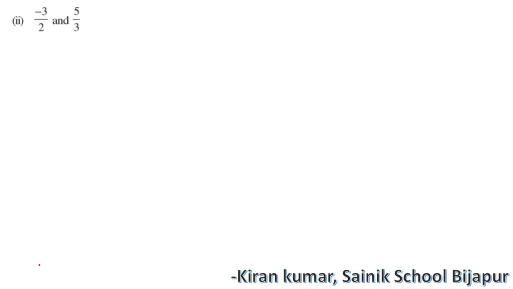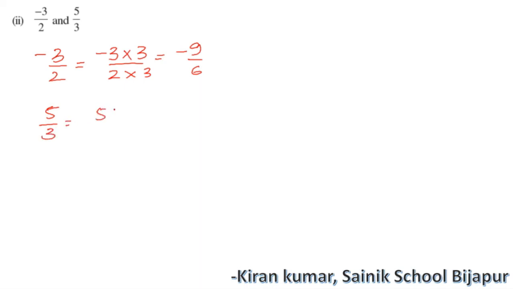The next question is to find 5 rationals between negative 3 by 2 and positive 5 by 3. Let me write this particular number with the denominator as 6, so I'll multiply by 3, and I'll be getting negative 9 by 6. Similarly, this 5 by 3 I'll multiply and divide by 2, so that the denominator becomes equal to 6.